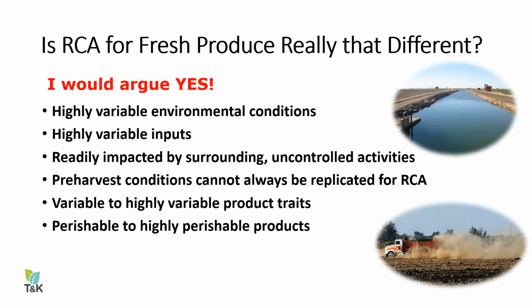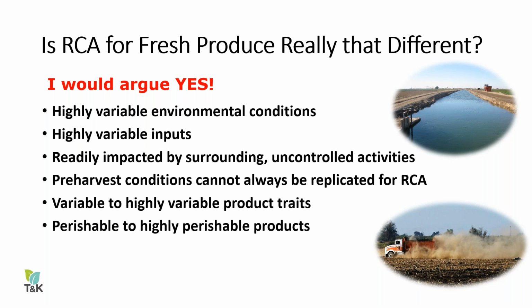So, one of the other components that is helpful to keep in mind, if you're not already very familiar with this, since I don't know the audience that would be listening to this: is root cause analysis for fresh produce really that different than, say, for manufactured or more processed foods? And I would argue yes.